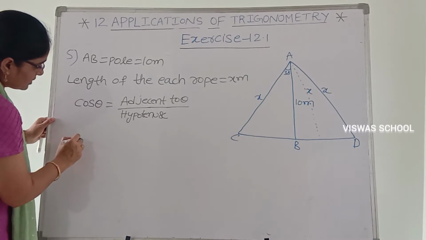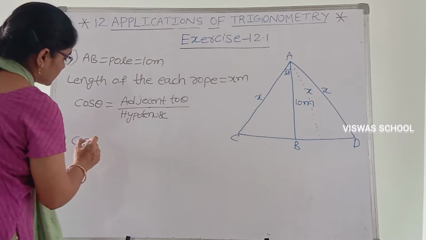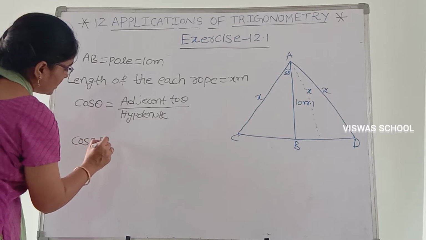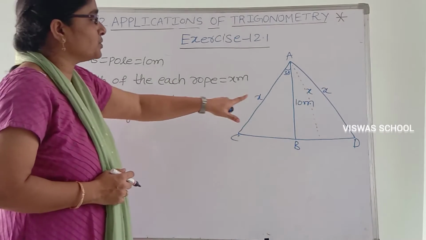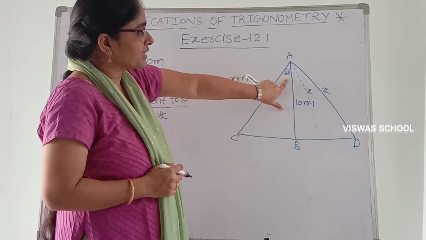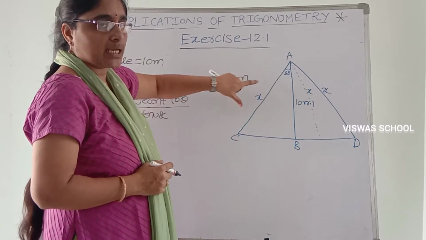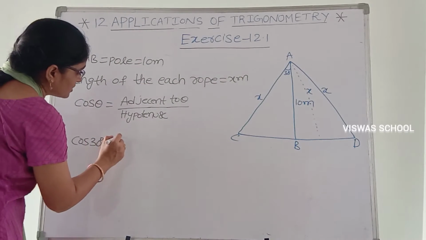Here the theta value is 30 degrees. That is cos 30 degrees is equal to adjacent to theta by hypotenuse. This is the angle here. Adjacent to 30 degrees is AB, and hypotenuse is AC. AB by AC.